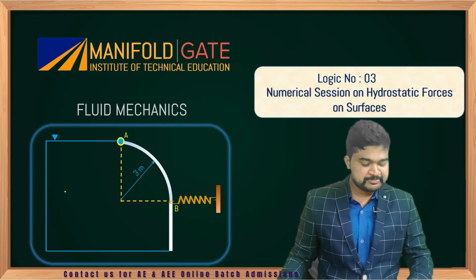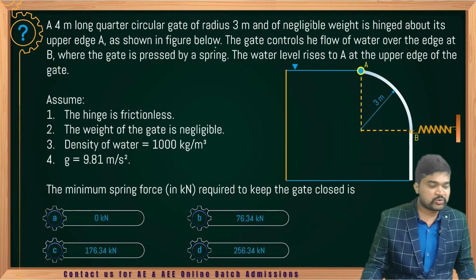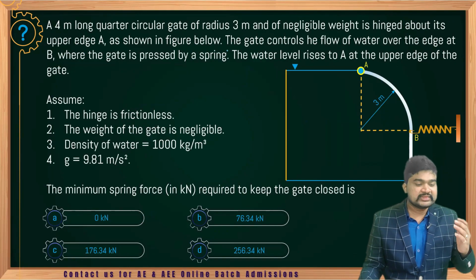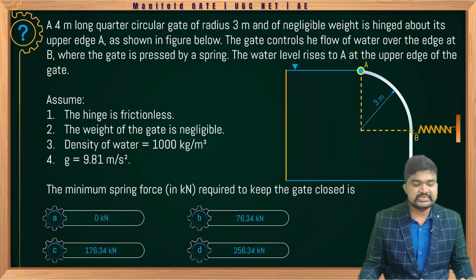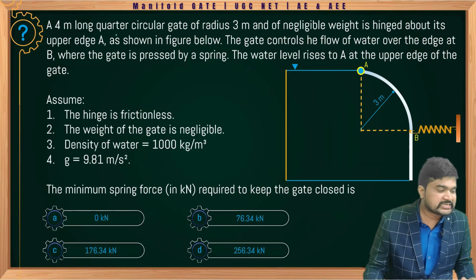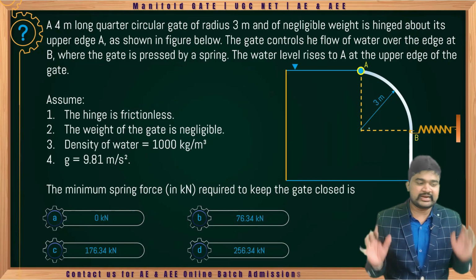Let's start the session. See here, a 4-meter long quarter circular gate of radius 3 meter and of negligible weight is hinged about its upper edge A. Here, weight of the gate is neglected.